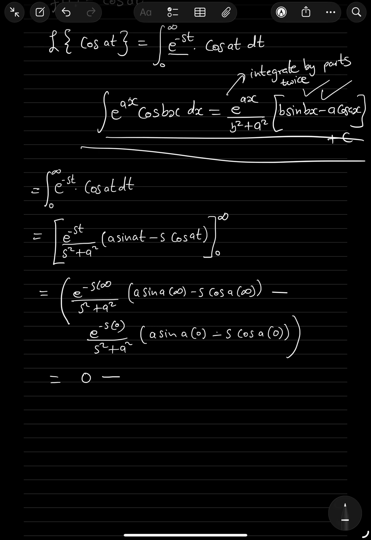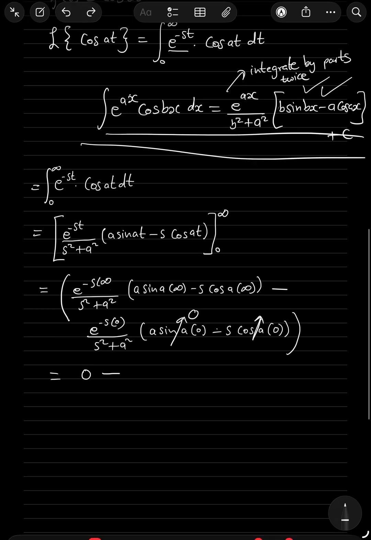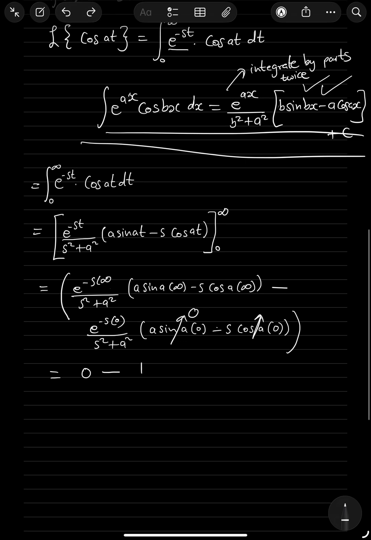So 0 minus, and then you come back here. Sine 0 is 0, cos 0 is 1, so here we'll be left with minus s. Obviously e to the power 0 is 1. So here you have 1 over s squared plus a squared times the minus s.